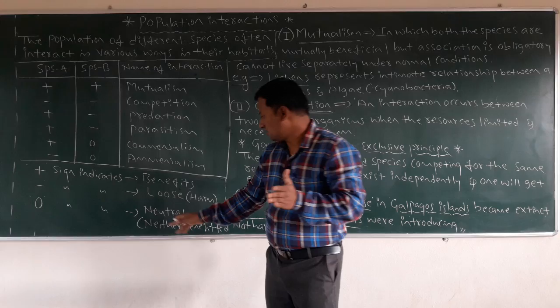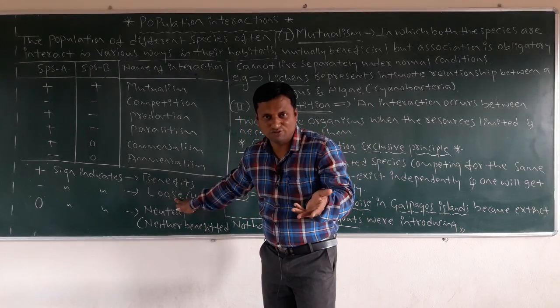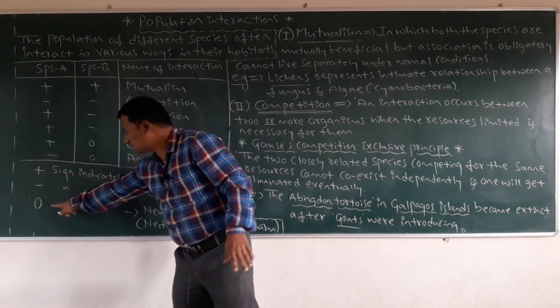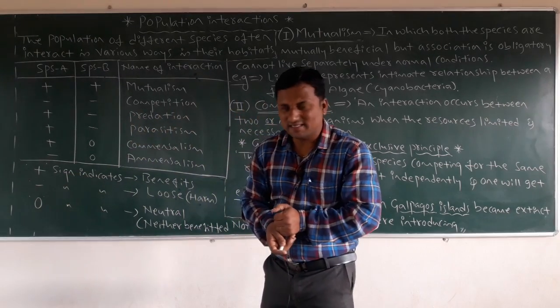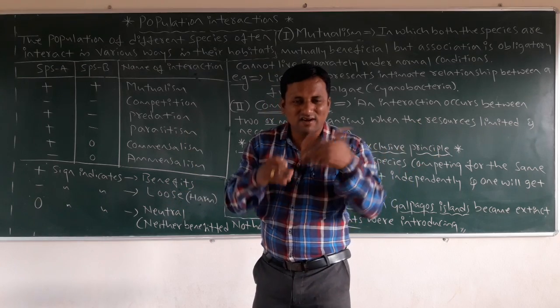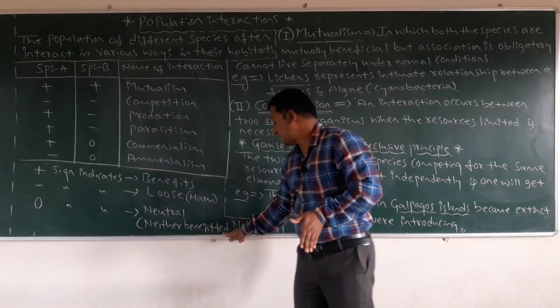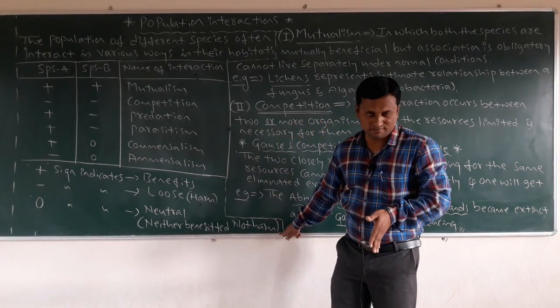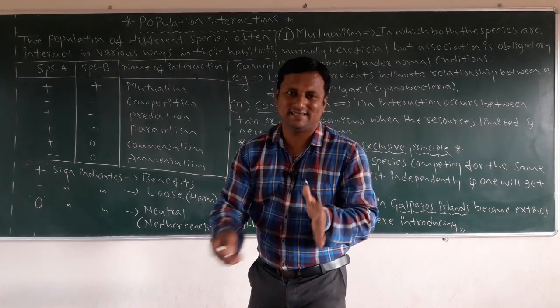That condition is called harm, and if it does not get benefit, then it is called loss. Then what does the 0 sign indicate? The 0 sign indicates neutral, meaning neither benefited nor harmed. So this condition is called a neutral condition.